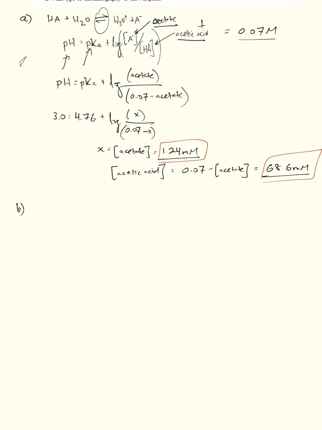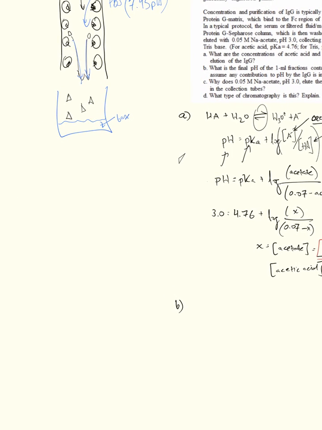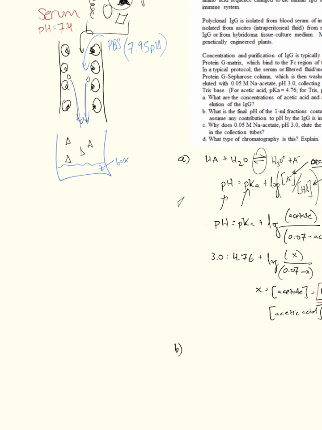Alright, so when we dump out these black triangles, it's not just the black triangles that are going through. It's also the acetic acid that's going through, right?